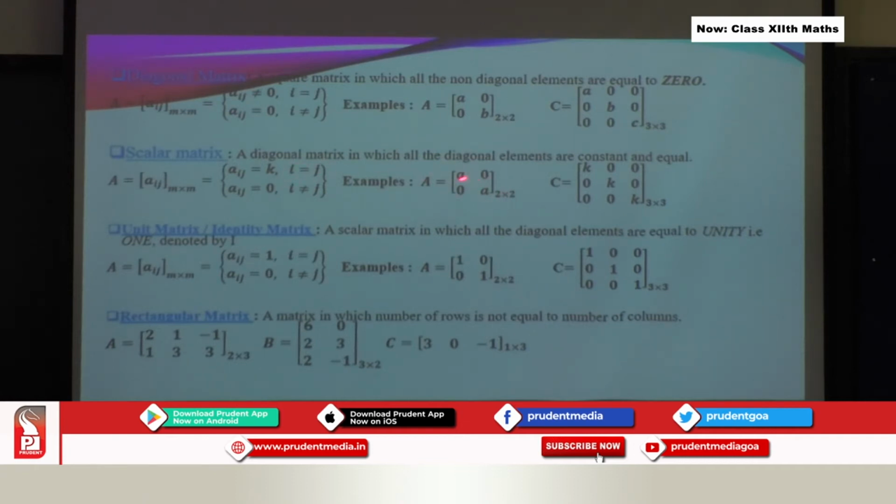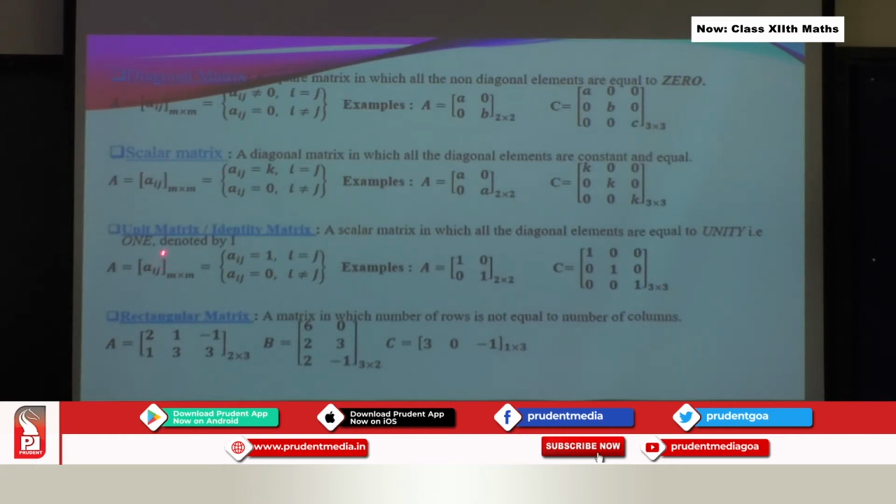It is your diagonal matrix. Here you can see diagonal elements A11 and A22. Now over here when you look at this matrix of order 3, again along the principal diagonal all the entries are the same and non-diagonal entries are 0, and that is why it is called a scalar matrix.